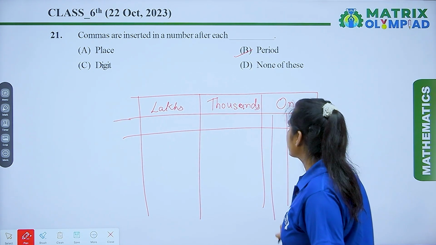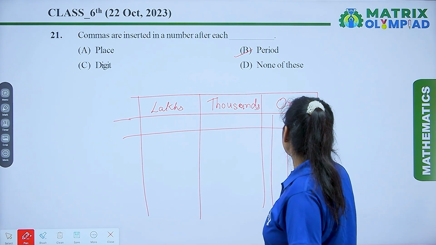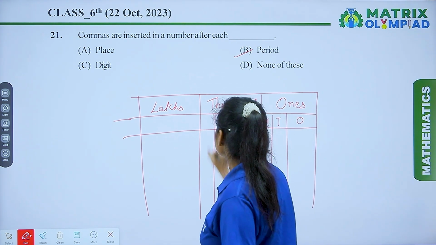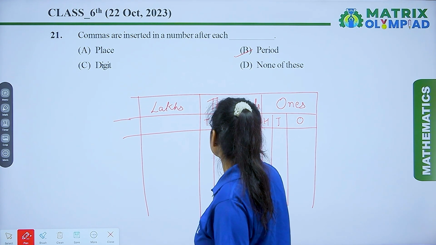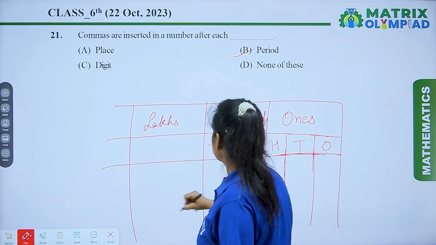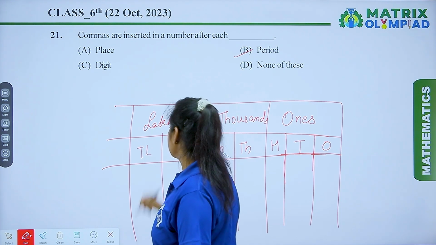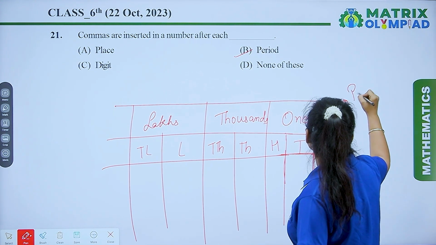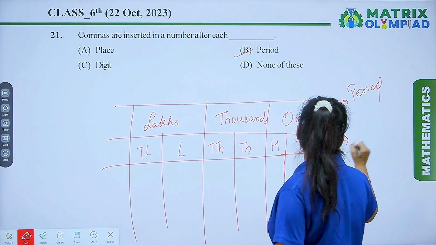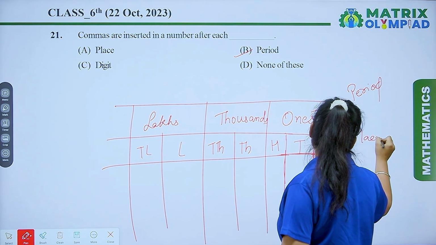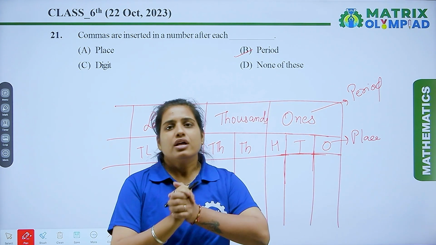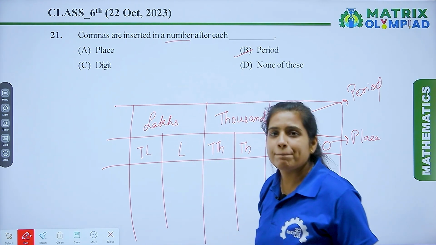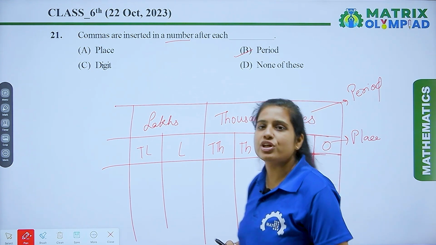And in the second row, we have places like ones, tens, 100, 1000, 10,000. So the first row is known as period and the second row is known as place. So we have to put the commas in a number after each period. So the correct option is option B.